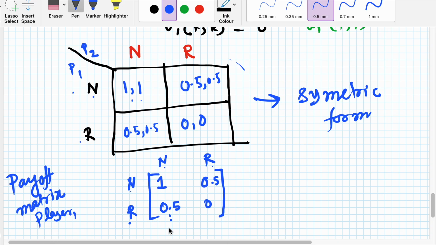Why am I representing player 1's utility in matrix form for every outcome? Similarly, since it is a symmetric game, the payoff matrix for player 2 can also be written in the same way.